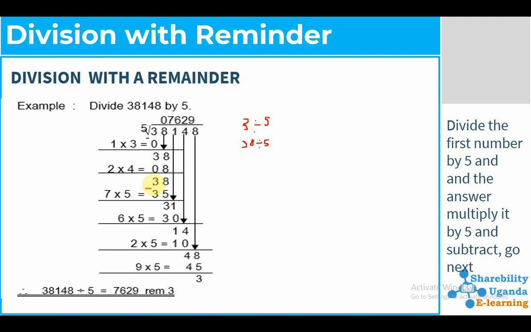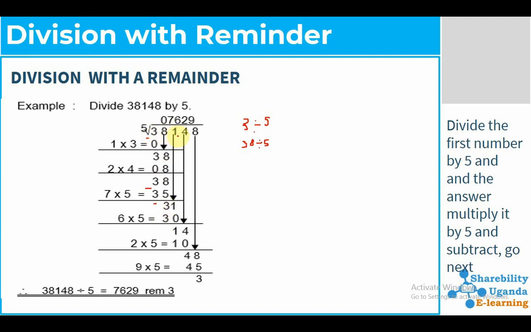Starting from here, 8 minus 5, we get a 3. Then 3 minus 3, we get 0. So here we remain with our 3, but we cannot say 3 divided by 5.